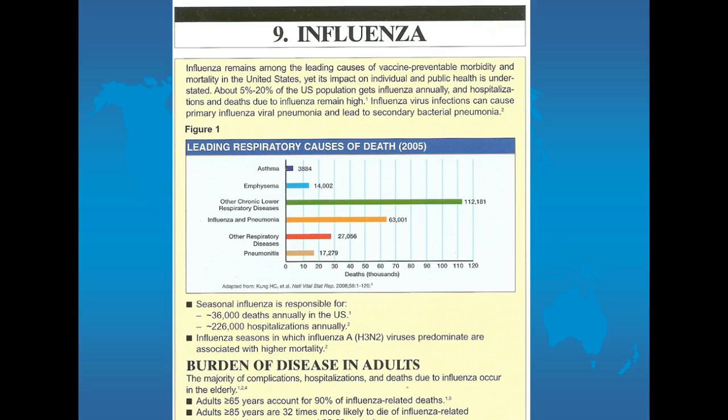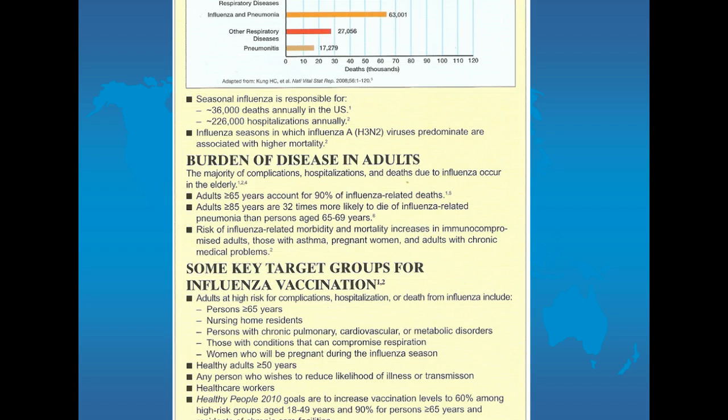Okay, adults greater than or equal to 65 years account for 90% of influenza-related deaths. So anyway, I just wanted you to appreciate that. These are available on this website. I have these cards if anybody wants to look at this conference that I went to and look through these cards a little bit more.